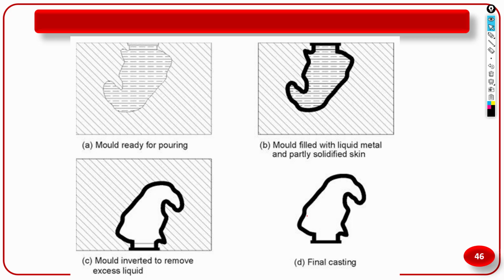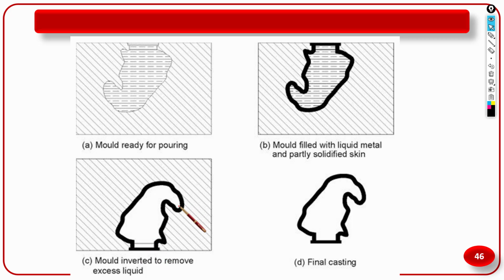There will be a cavity having nose and eyes and everything, the whole shape of that idol, and then molten metal will be poured inside, and after that the molten metal is taken out. Then a thin layer of metal will be formed around it, and it will form the nose, eyes and everything. So this is how slush casting is done.